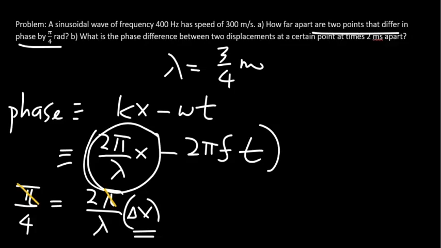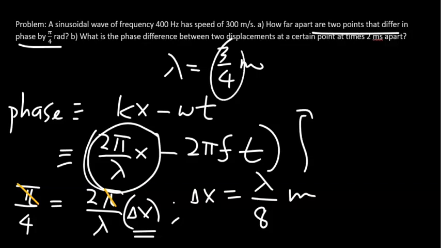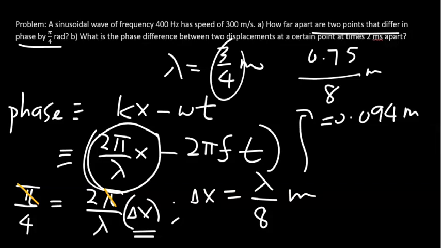So pi gets cancelled and you can determine delta x, where delta x becomes lambda over 8 in meters. Now we know lambda is 3 over 4, so 0.75 meter over 8, which will give you 0.094 meter or 9.4 centimeters.